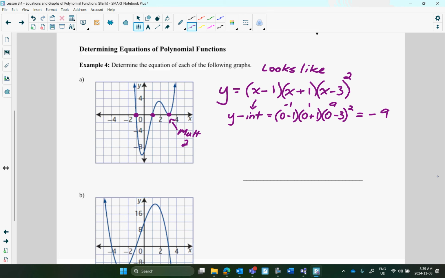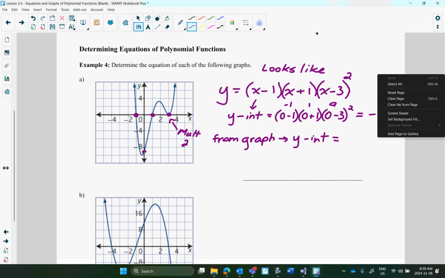Okay? But look at the graph. What's the y-intercept? It's going down by 2's. So it'll be right there, halfway between negative 8 and negative 10.